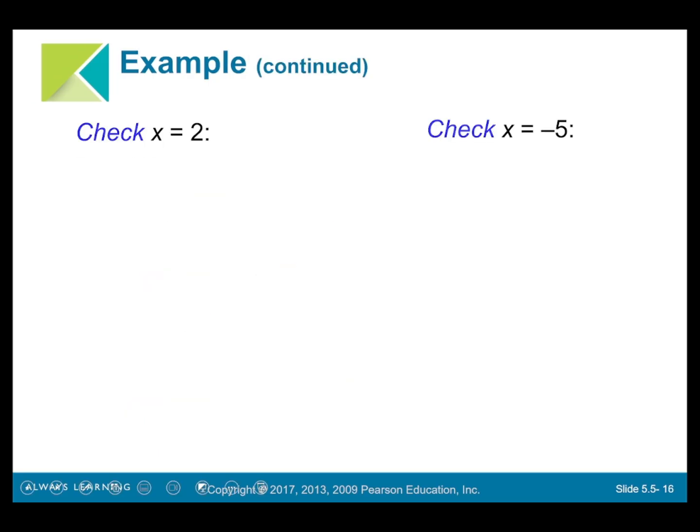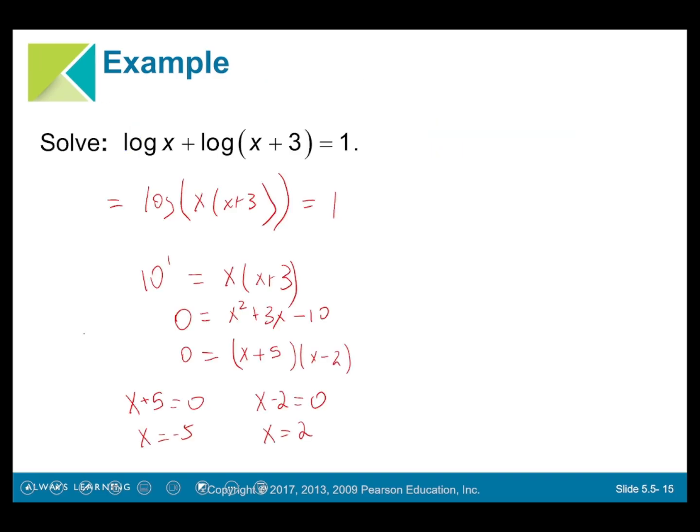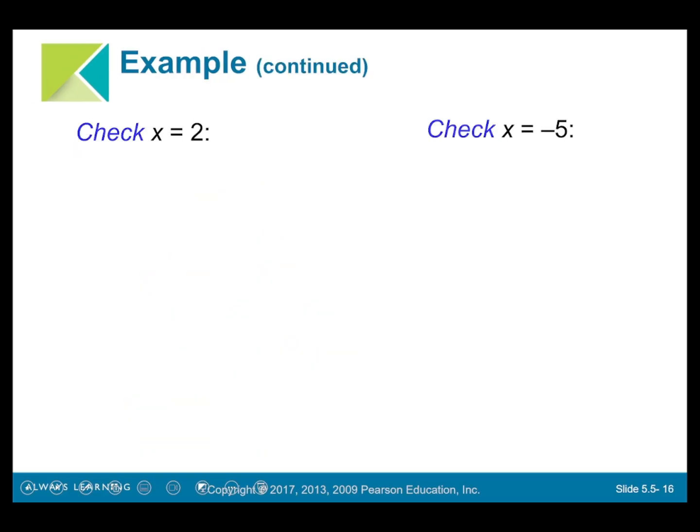Now, we can actually check our work here, right? So the original question was log x + log(x + 3) = 1. So log x + log(x + 3), does that equal 1? Well, log 2 + log(2 + 3), does it equal 1?